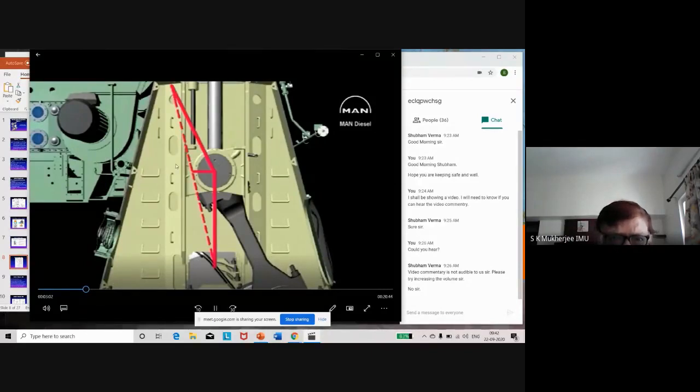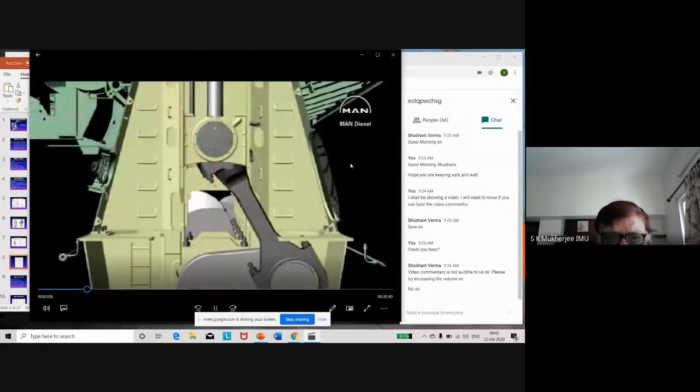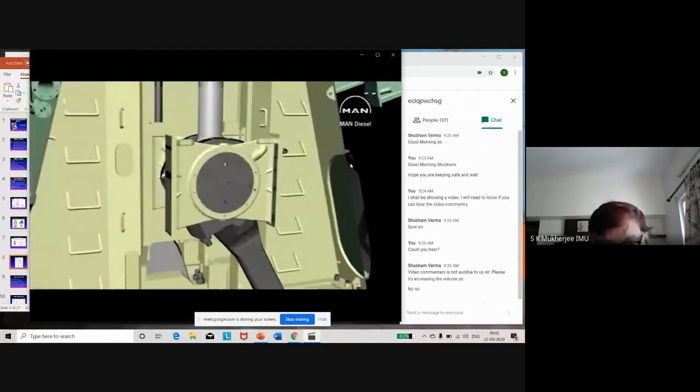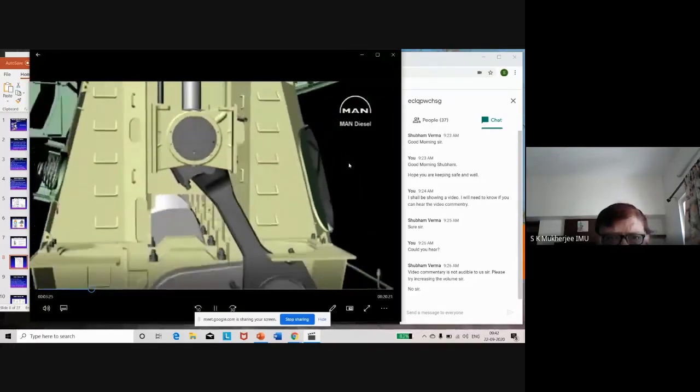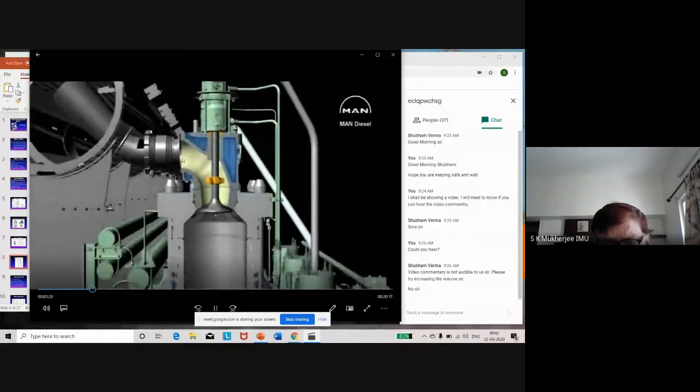See, this is the force. So this is the crosshead that is supported by four parts.